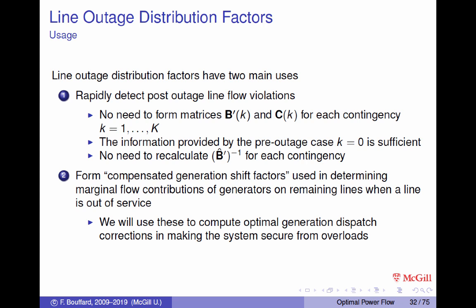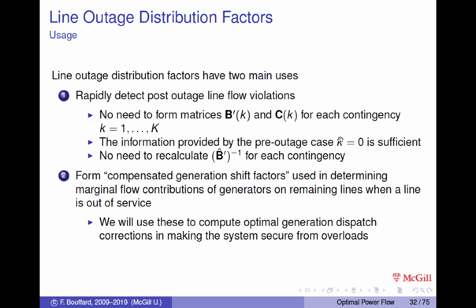So why do we use these? I've already mentioned quickly that one of the main usages is to help system operators rapidly detect post-outage line flow violations. Again, there's no need to formulate those B prime and C_K matrices for each contingency. All the information that we need is provided in the K=0 case.